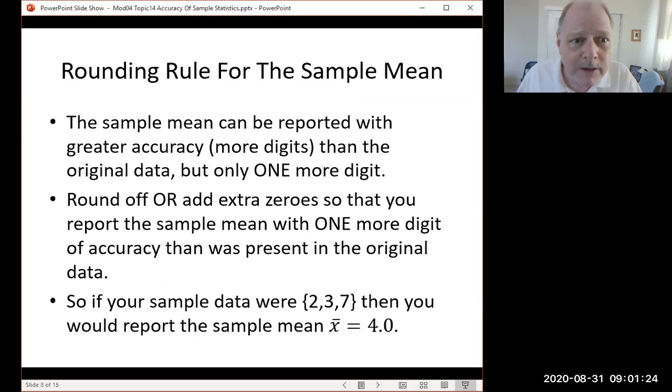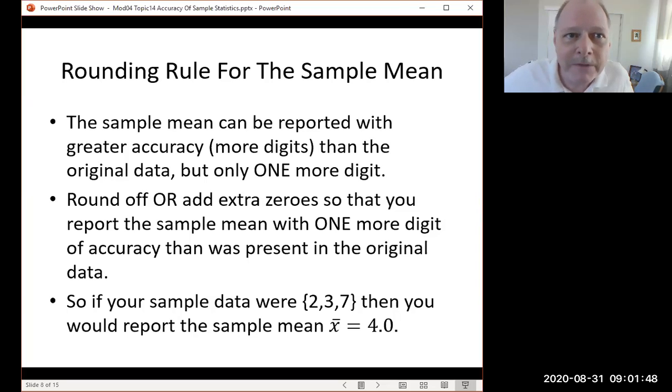Okay. So like if you had just 2 numbers in your sample, you had 4 and 5. You average those, you get 4.5, halfway in between. You're allowed to give that one extra digit. You don't round all the way to just one digit.